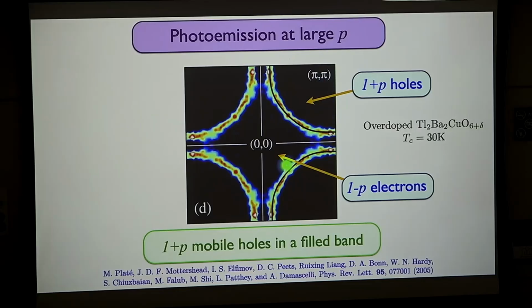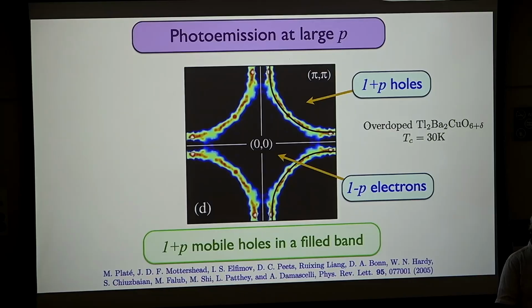And if you just compute the area, it agrees very well with 1 minus p electrons or 1 plus p holes, where p depends on this delta in this particular material. All right, so that's great. That's exactly what density functional theory or any kind of perturbative method would tell you. So it gives you some confidence that we have identified the right microscopic degrees of freedom.